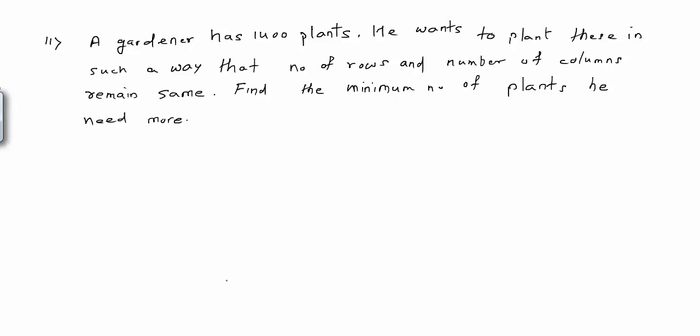Now here the problem is a gardener has 1400 plants and he wants to plant them in such a way that number of rows and number of columns remain same. For example, if he is planting them in 3 rows and 3 columns, how many trees can he plant?